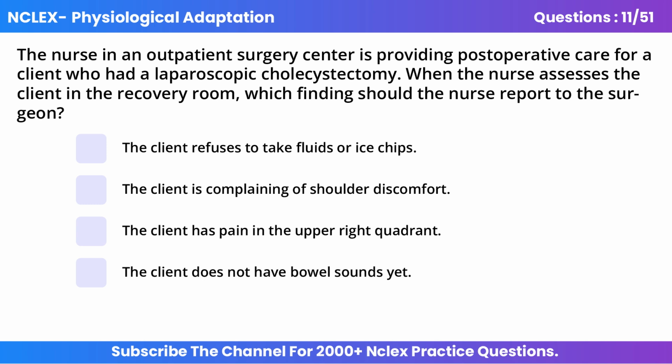Question 11. The nurse in an outpatient surgery center is providing post-operative care for a client who had a laparoscopic cholecystectomy. When the nurse assesses the client in the recovery room, which findings should the nurse report to the surgeon?